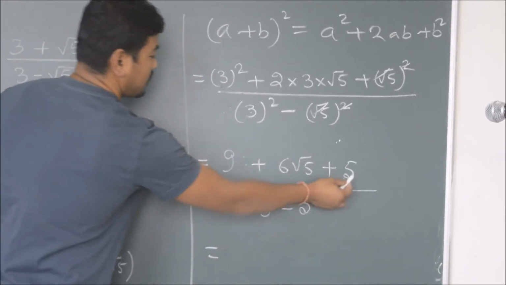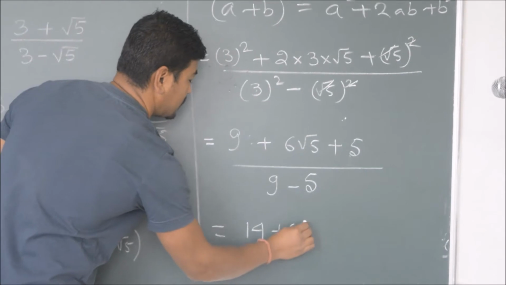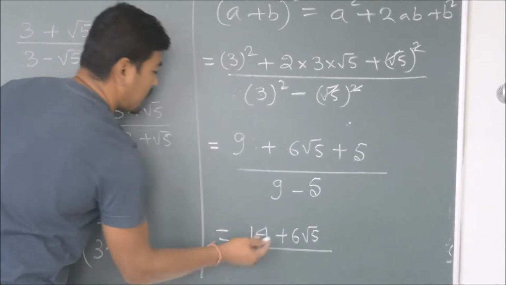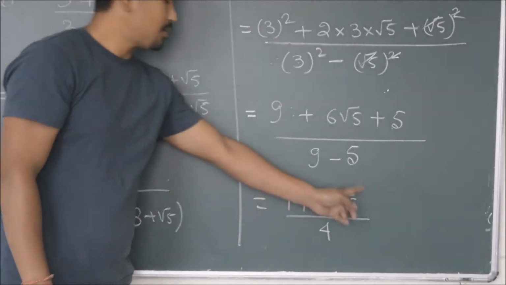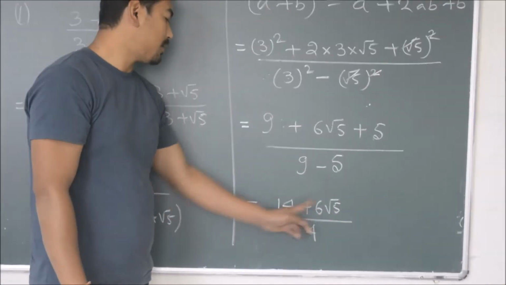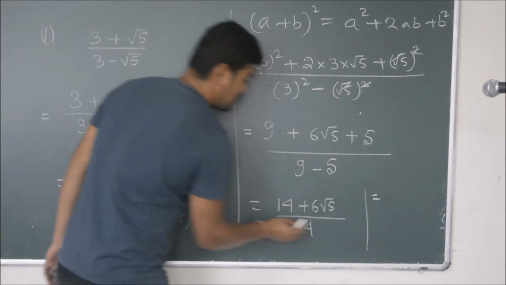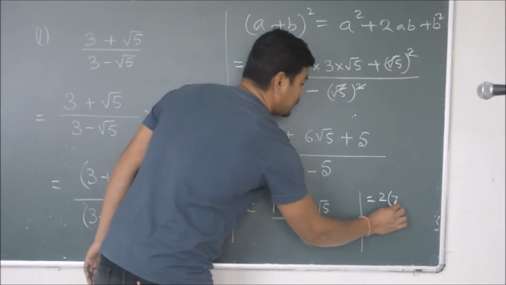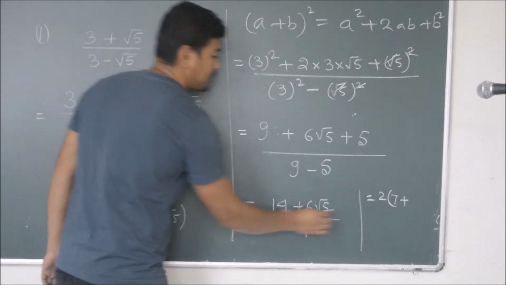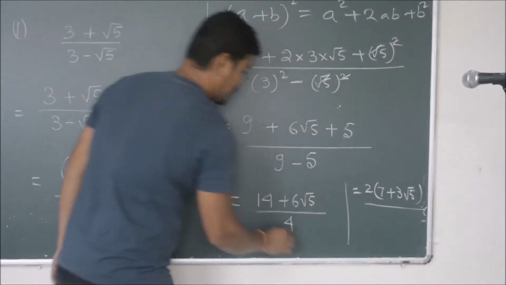So 9 plus 5 will give you 14, plus 6 root 5, divided by 4. If you see the numerator, you can take 2 common from these two terms. So by taking 2 common, 7 is left over here, plus here 3 root 5 is left, divided by 4.